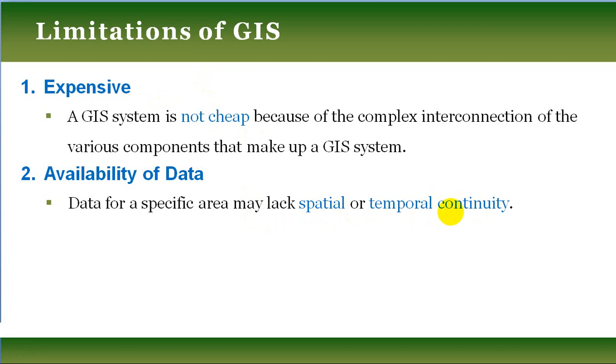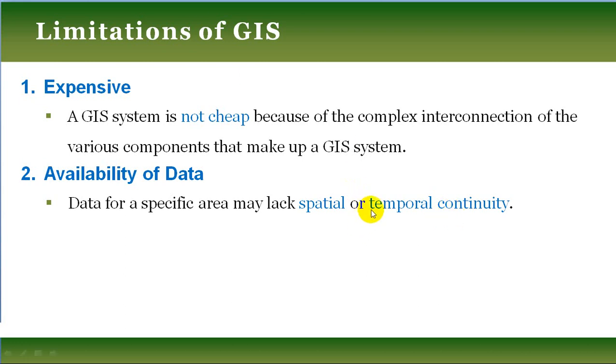Out of those 4 types, 3 types I already got, or maybe I will get very easily, but one data type is very difficult to find for the KMC area. This is called lack of spatial data continuity.